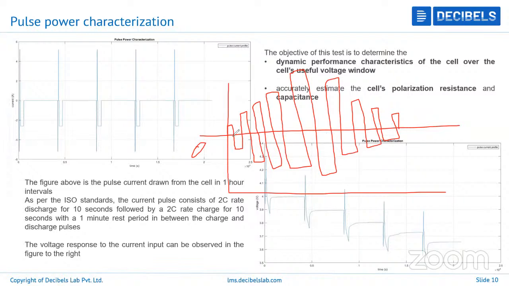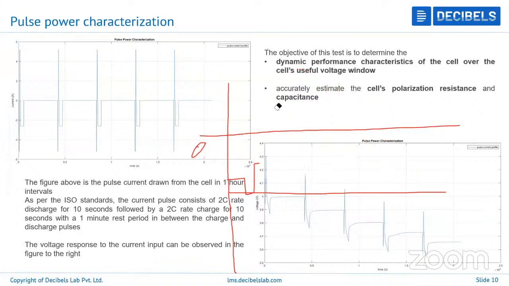There is also another pulse which can be given. Let me just extend this, and let me erase this part. So here it can be given like this, only discharges.